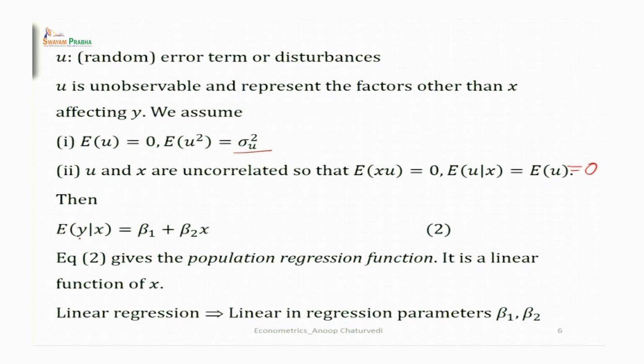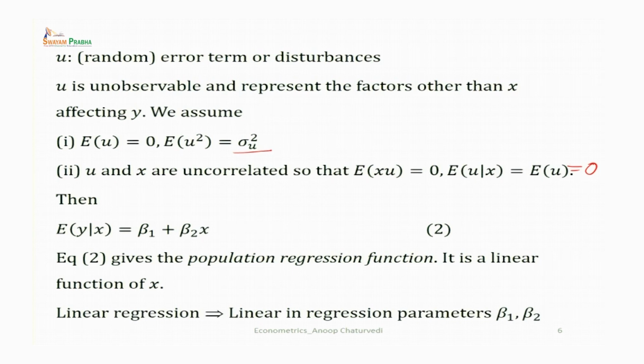Then if you take expectation of y given x, it is equal to beta 1 plus beta 2 x, because expectation of u becomes 0. And remember that u is the random error term. So, u introduces the randomness to the model. Your regression equation is y equal to beta 1 plus beta 2 x plus u.